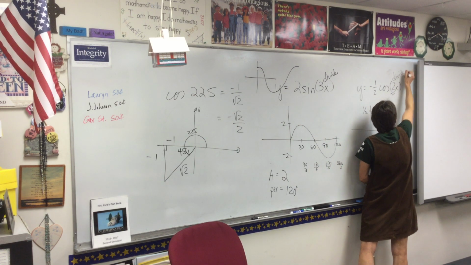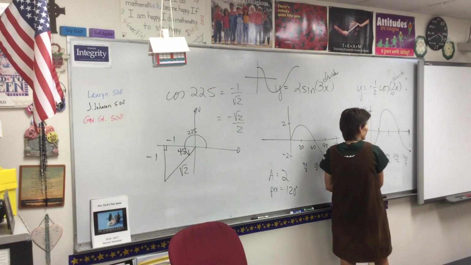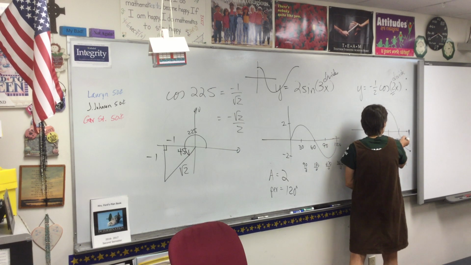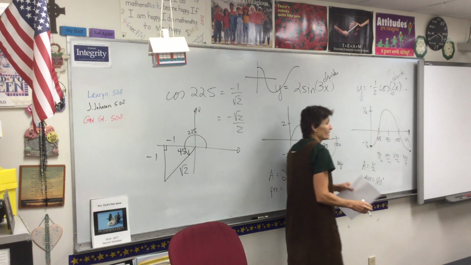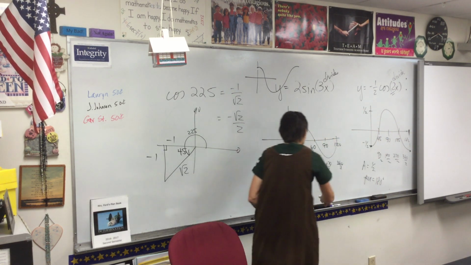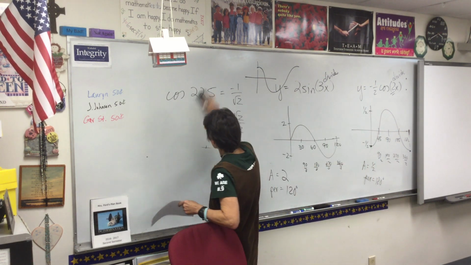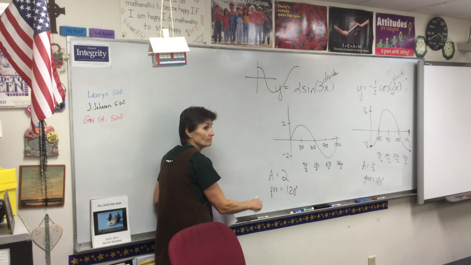Dividing by 2. So what are my labels now? 45, 90, 135, and 180. So your period is 180 degrees. Any issue with that?